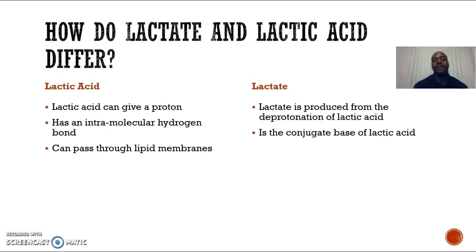Lactic acid has an intramolecular hydrogen bond. Lactate doesn't. Lactate is the conjugate base of lactic acid. Lactic acid can pass through lipid membranes. So they differ in a few ways. They're often used interchangeably when talking about muscles and liver and exercise and activity.